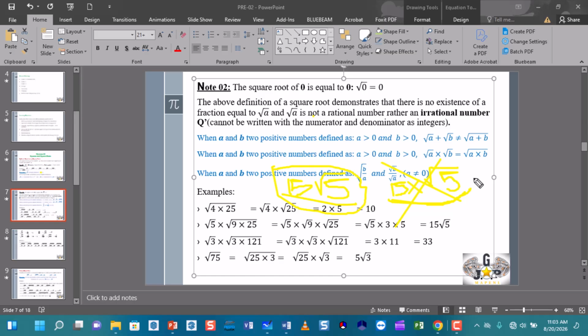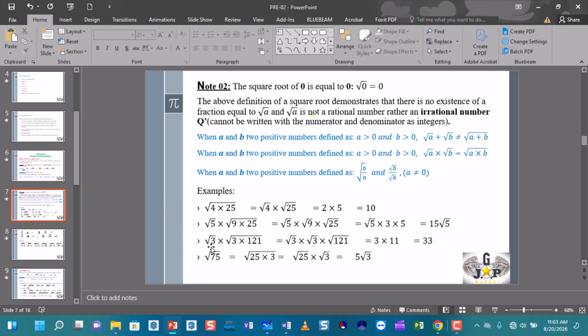Trust me, I've been there. So take me as an example, as an exemplary former student. Yes. So this is the best way to write it: 15 square root of 5.